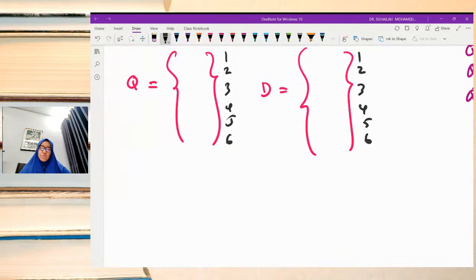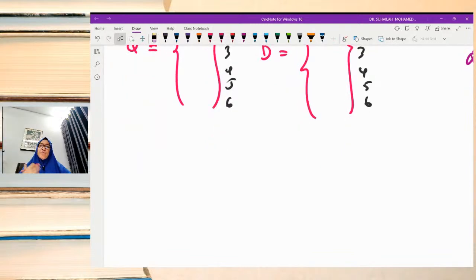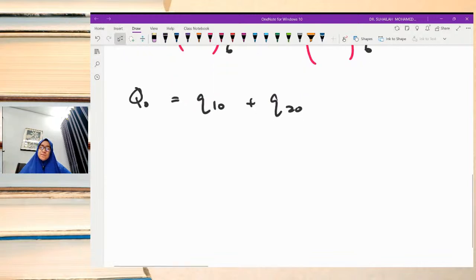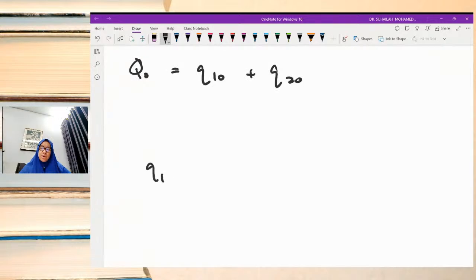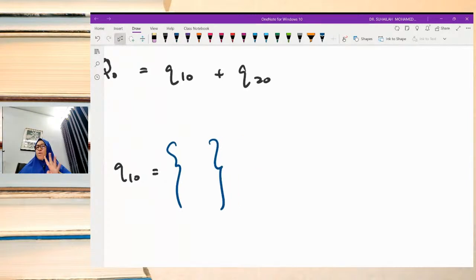And we have Q naught, which is Q1 naught for element 1 and Q2 naught for element 2. So what is Q1 naught? For each element, we will have 4 degrees of freedom. This is Q2 naught.